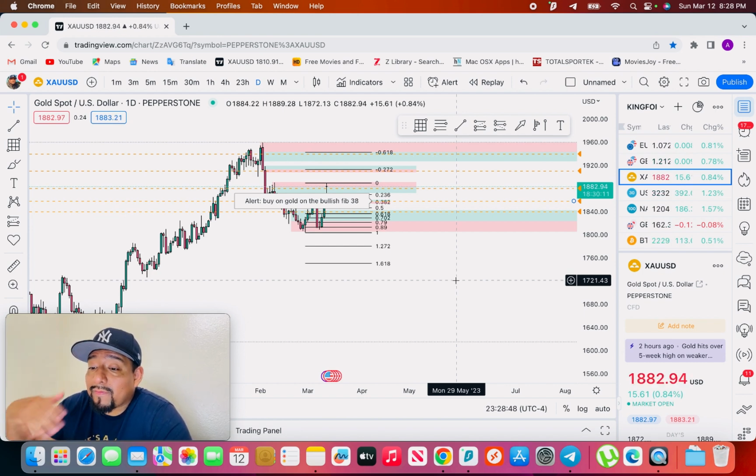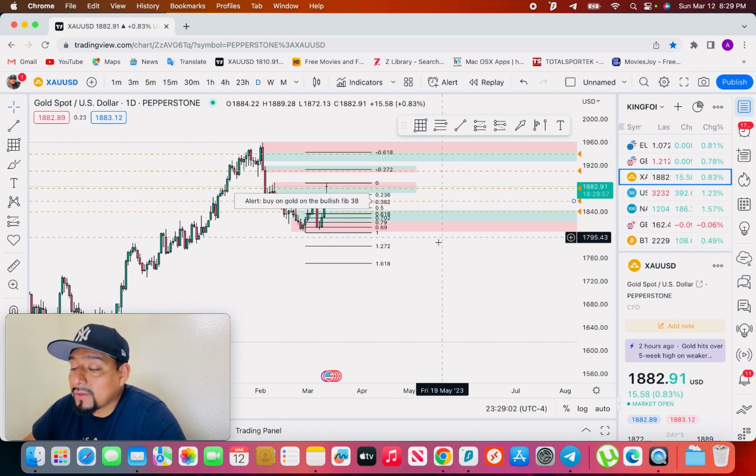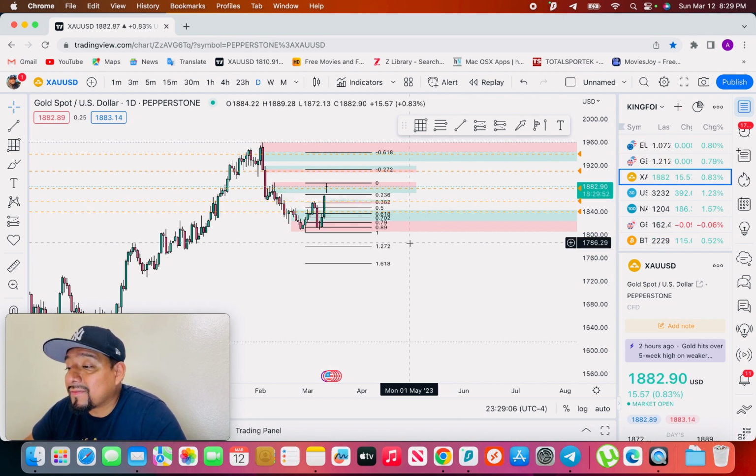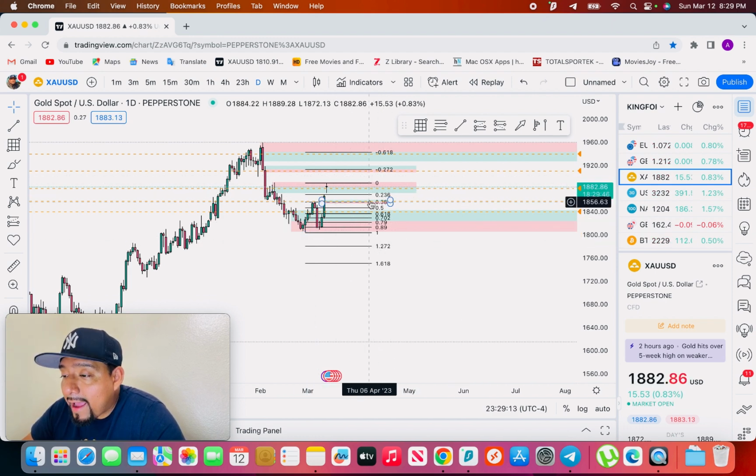I'll get the alert, but if it doesn't have a message, I don't know what that alert is. Where is that alert from? Is it gold? Is it GBP, USD, GJ, Bitcoin, NAS, US30? I don't know. So that's why I implement those notes in there to make it easier for me to understand that. But right now, that's what I have. That's my plan.